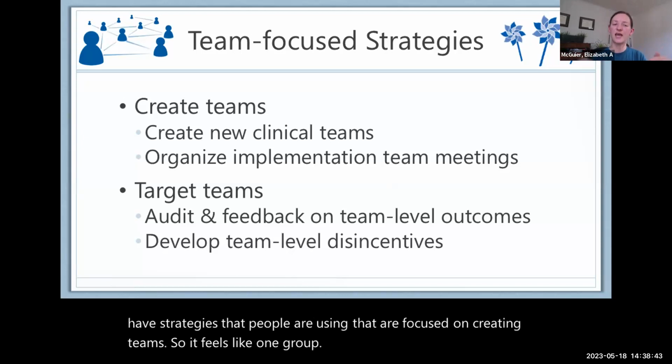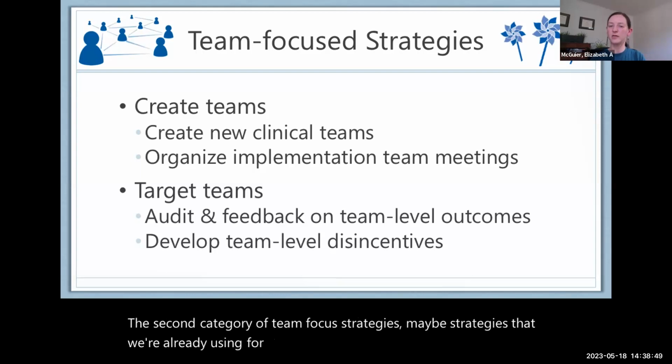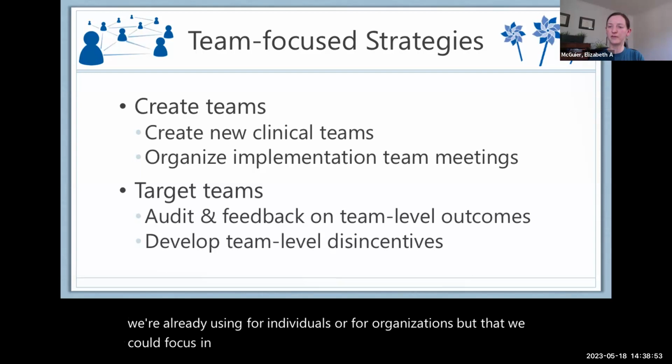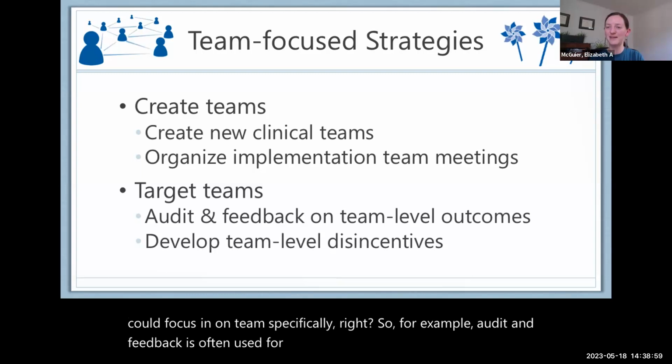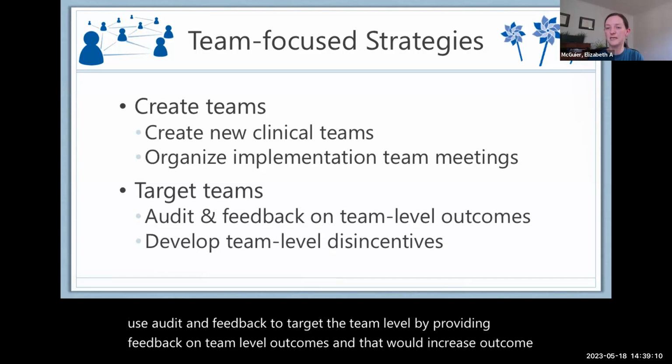The second category of team-focused strategies might be strategies that we're already using for individuals or for organizations, but that we could focus on teams specifically, right? So for example, audit and feedback is often used for individual providers, but we could use audit and feedback to target the team level by providing feedback on team-level outcomes, and that would increase outcome interdependence within a team.